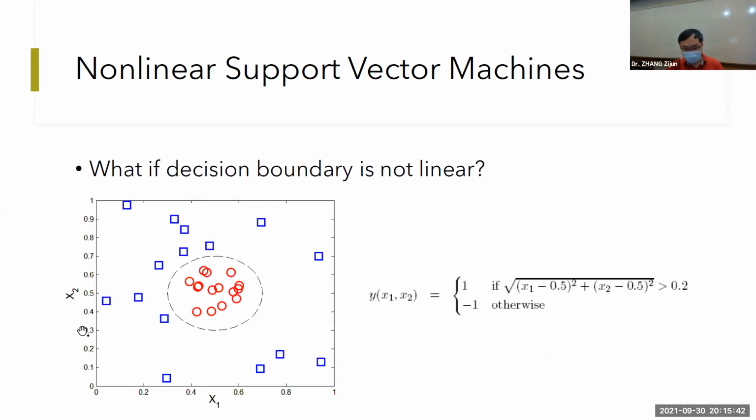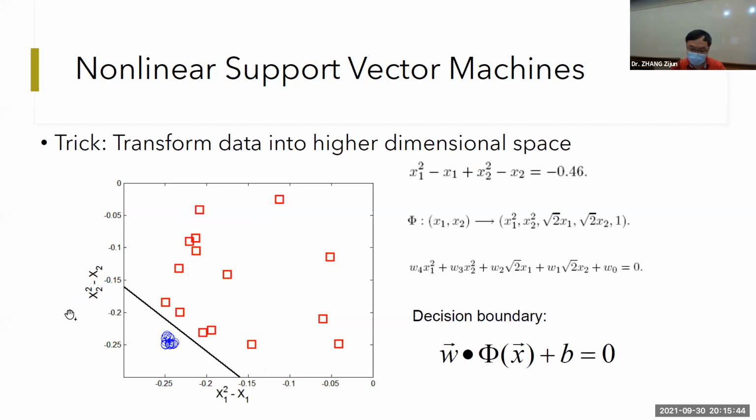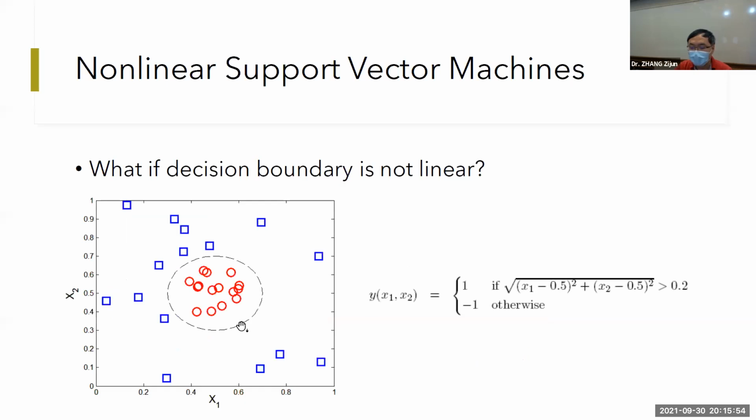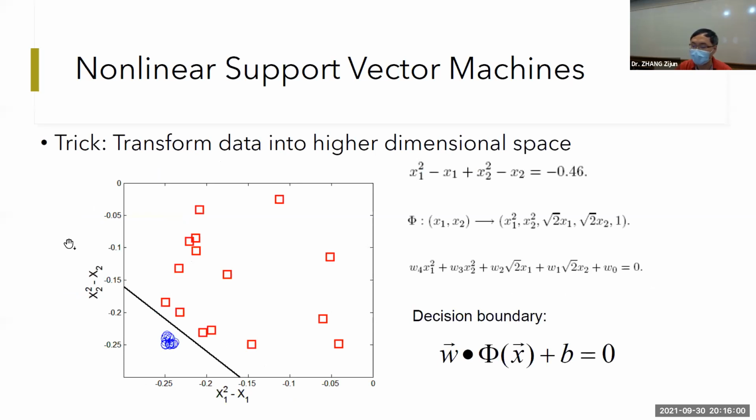The Y axis comes from the original x2 to x2 squared minus x2. And magically, after such a projection, the decision boundary can be changed from the original nonlinear circle to a linear separation. Okay.